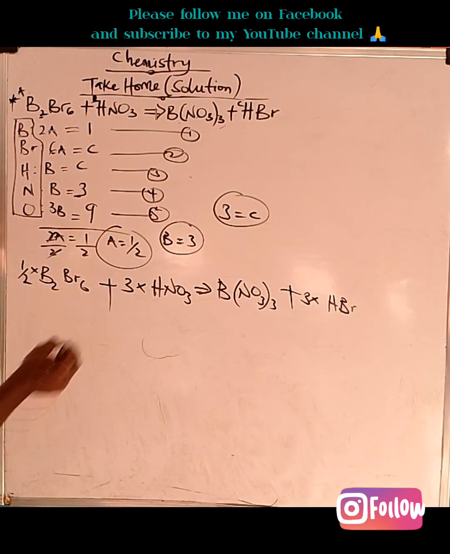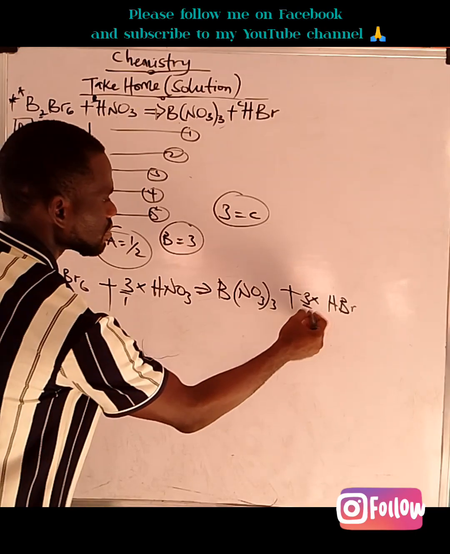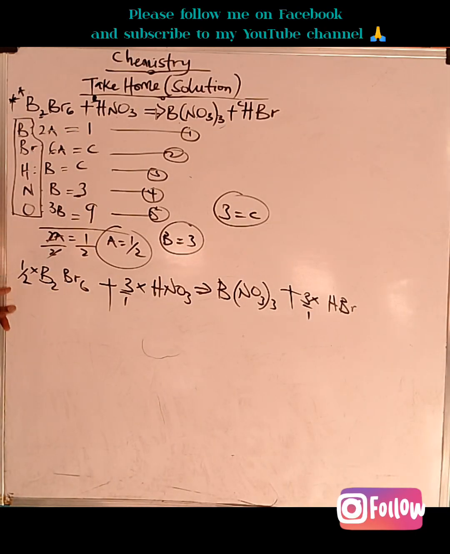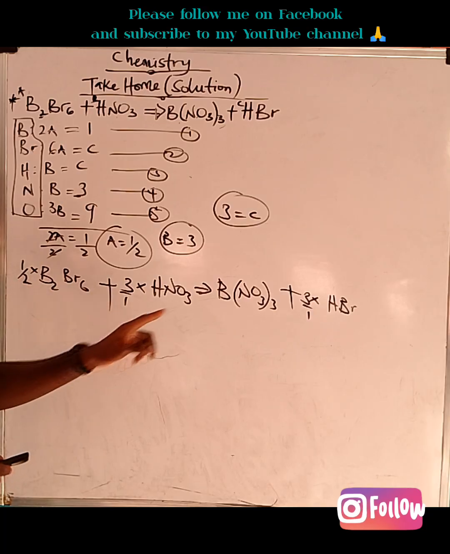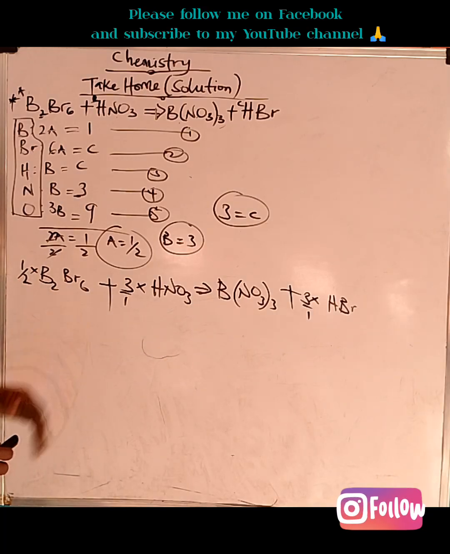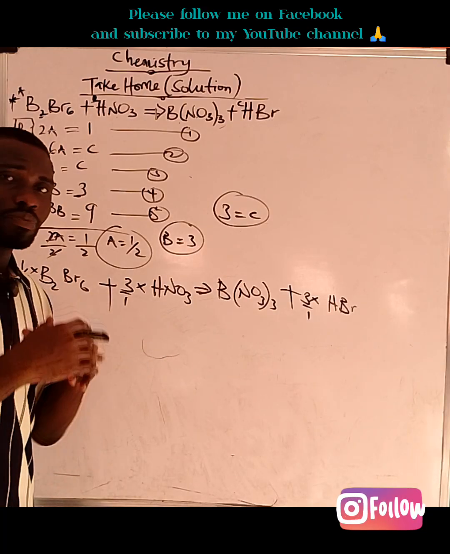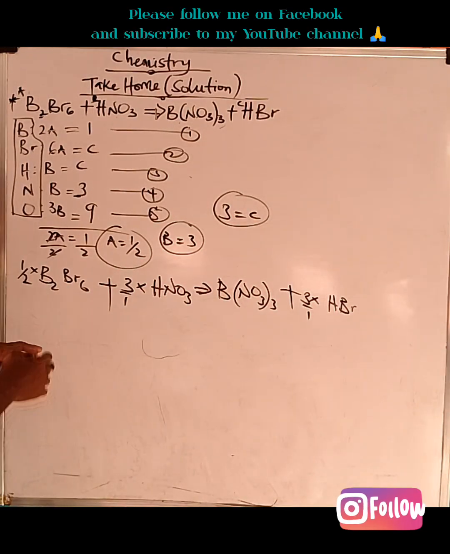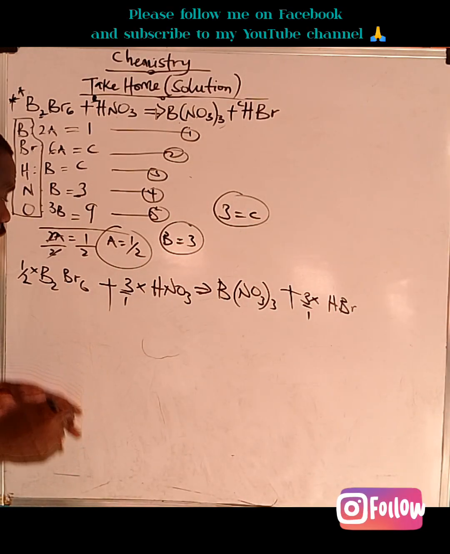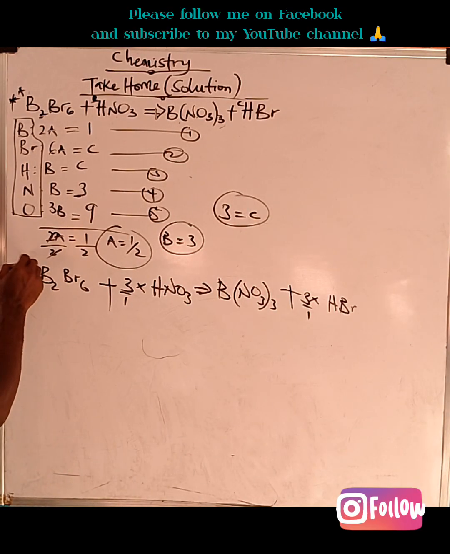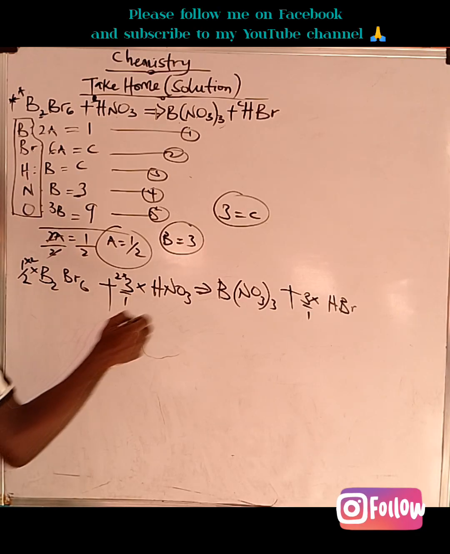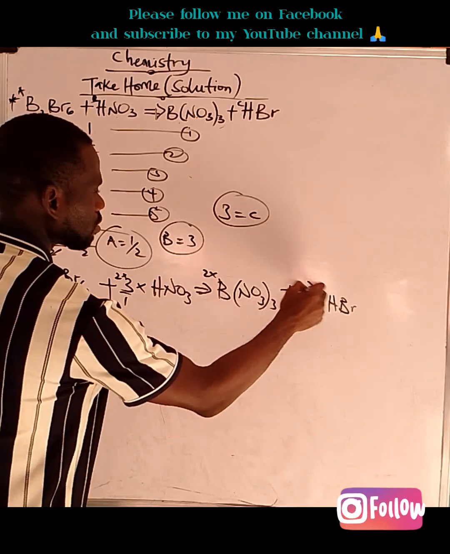So what I'm going to do next, this 3 over 1, this 3 over 1, and this 1 over 2. As you can see, we're going to look for the LCM of the denominators, 2, 1, and 1. So the LCM of 2, 1, and 1 is 2. So we're going to use 2 to multiply all through. Each of the reactants and products, we get a coefficient of 2 this time around. So that will be times 2, times 2, times 2, times 2.